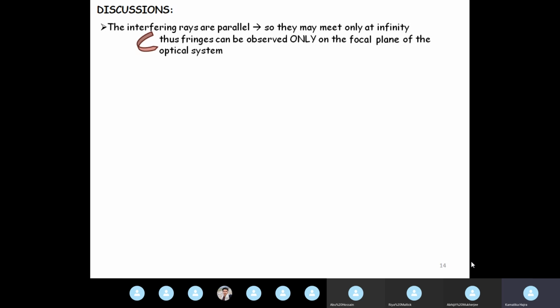So the fringes can be observed only on the focal plane of the optical system, and for this reason these fringes are called localized fringes. So why are fringes in thin parallel film interference called localized fringes?